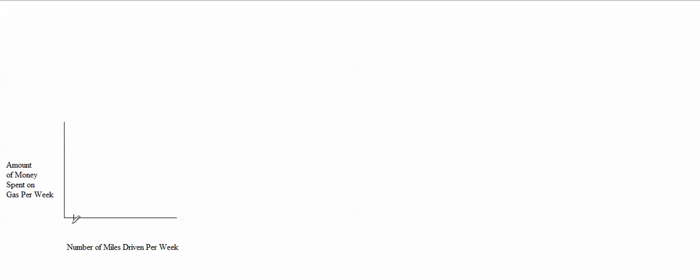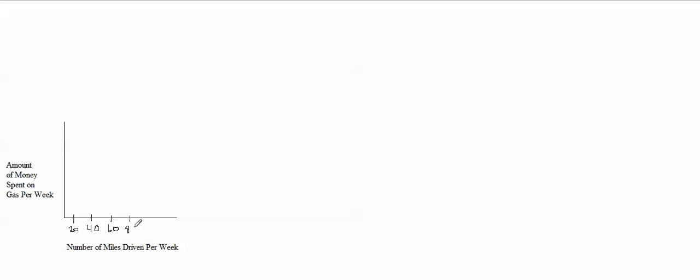Maybe our tick marks go up by 20s for number of miles driven per week. The tick marks that we would use would depend on what types of answers people gave us.